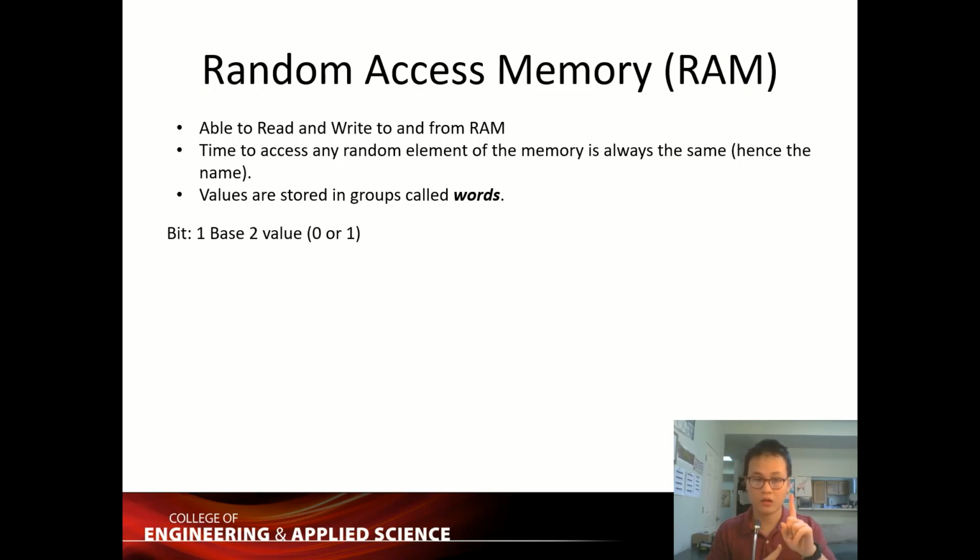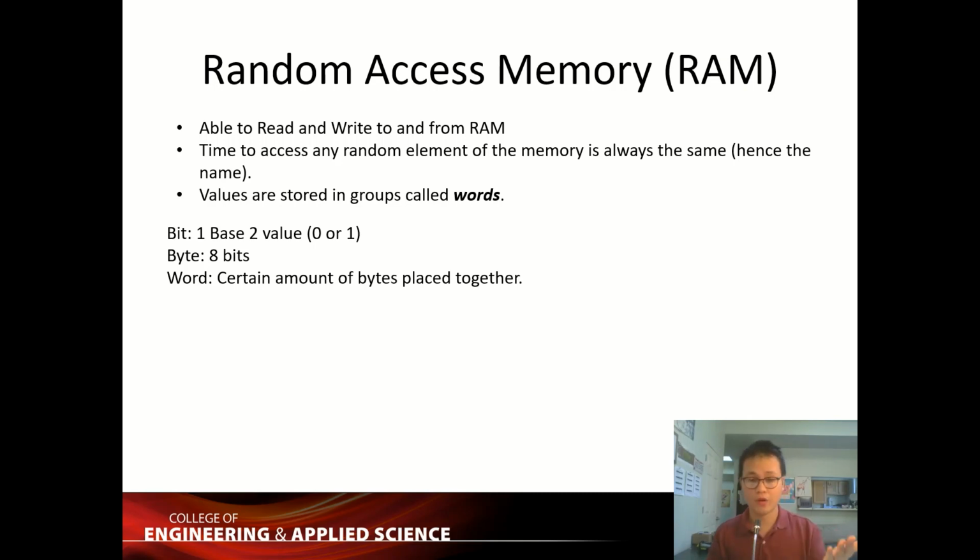It's a base 2 value. If you have 8 bits, you have 1 byte. 8 bits equal 1 byte. And a word is a certain number of bytes that are placed together.